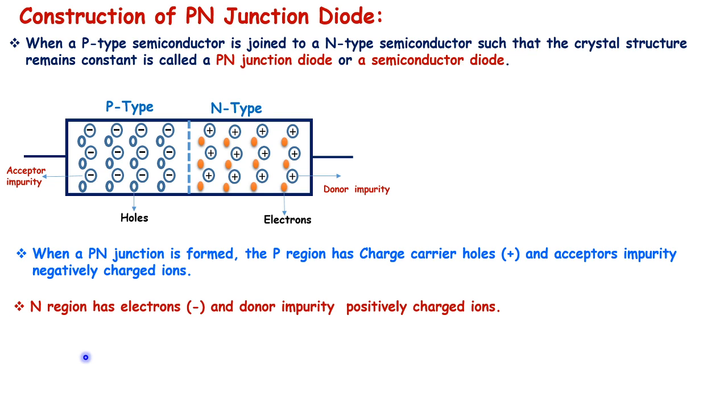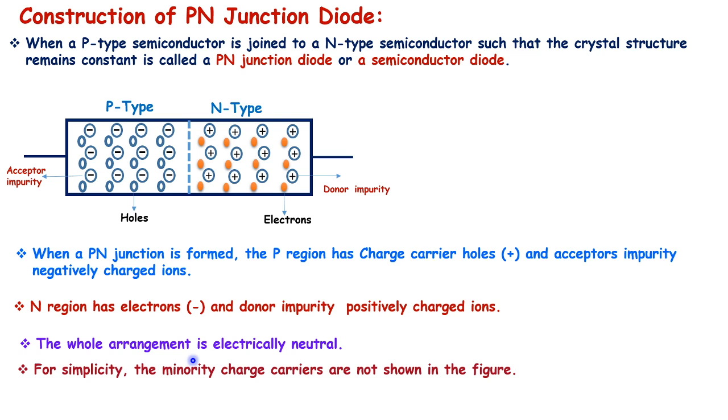The N-type region has electrons, that is negative charge, and donor impurity as positive charge ions. The whole arrangement is electrically neutral. For simplicity, the minority charge carriers are not shown in the figure. In n-type holes are the minority charge carriers and in p-type electrons are the minority charge carriers, but they are not shown in this figure.